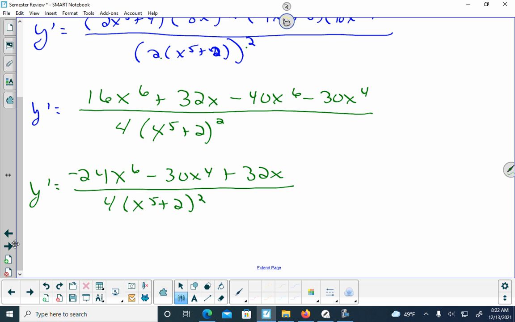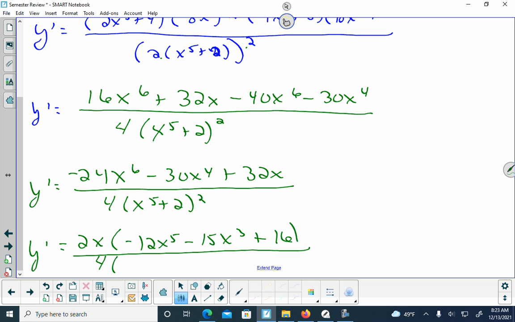I am looking at the numerator. I can factor out x. I can also factor out a 2. Is that all I can factor out? I think that is all I can factor out. So I can factor out 2x, and I'm going to have negative 12x to the 5th minus 15x to the 3rd plus 16 all over 4 times x to the 5th plus 2 squared.